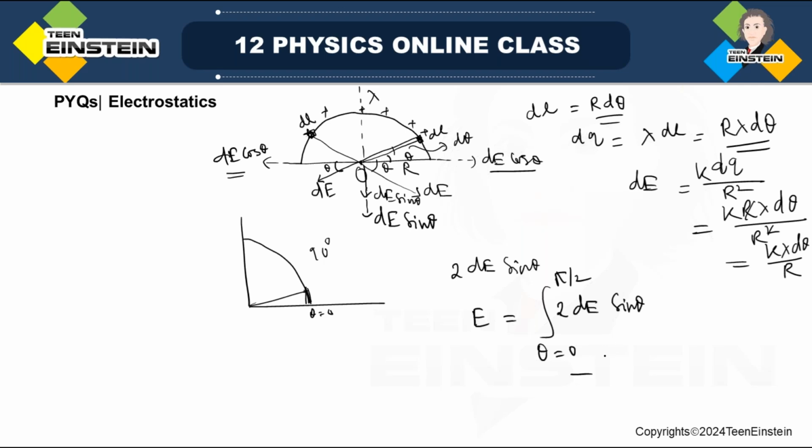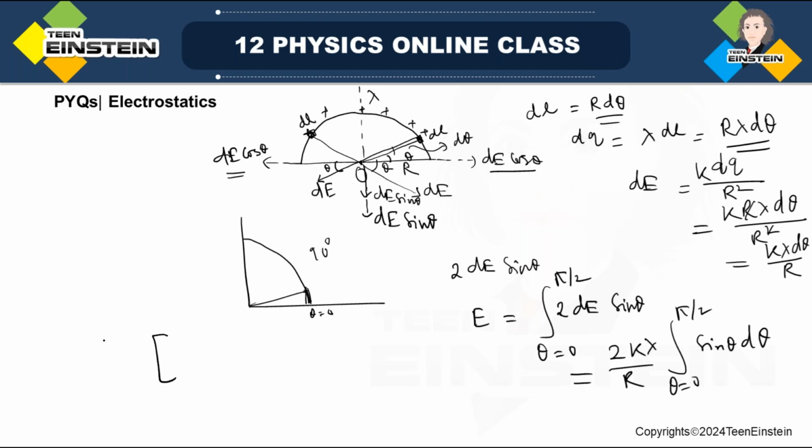Now let us see, 2 will be there, and see kλ by R, these are constants, I'll just take them out of the integration, and let me do this integration on θ from 0 to π/2, and see this is sin θ dθ. So the integration of sin θ dθ will be minus cos θ.